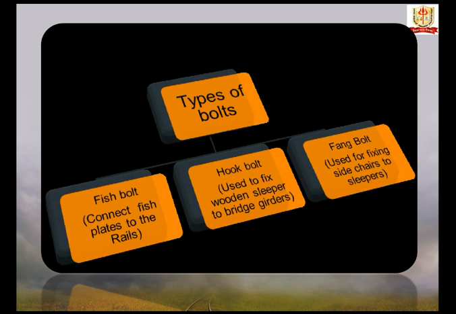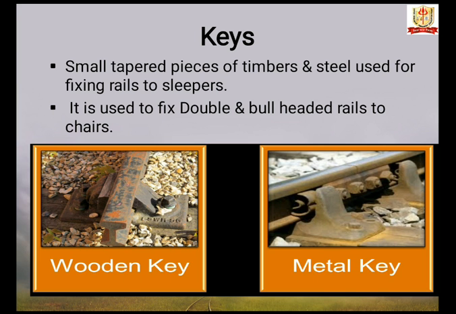Fish bolt is used to connect the fish plates to the rail, hook bolt is used to fix wooden sleepers to bridge girders, and fang bolts are used for fixing slide chairs to the sleeper.